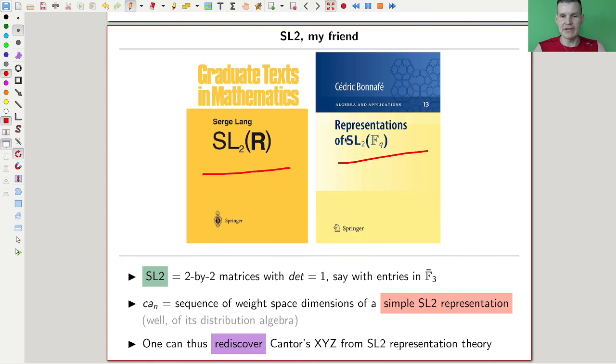But you get this sequence as a weight space of dimensions of representations of SL2, which is really exciting. So you can just rediscover Cantor's function, set, sequence, whatever you want, from SL2, which is really, really fascinating. So there's this one group, SL2, which generates a lot of interesting data. And this is just one of the examples, which I haven't seen anywhere, actually. That SL2 can generate the Cantor set.